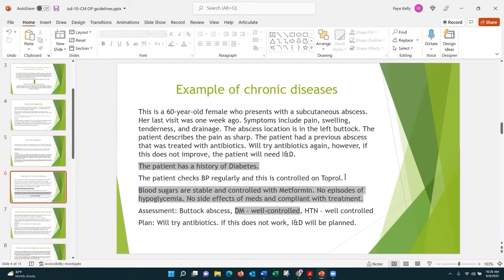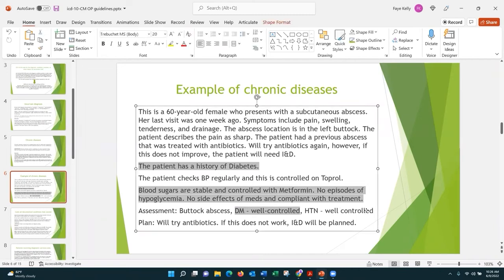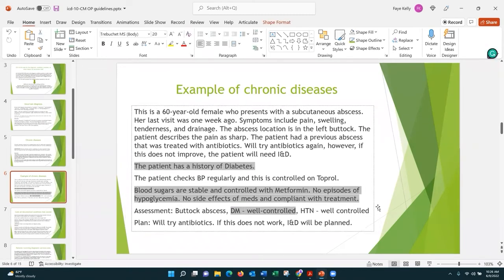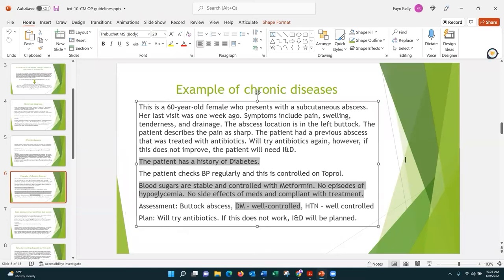Disregard this note right here. That's all it says, hypertension. And there's nothing here. Take that sentence out. And all you have in your chart is a history of hypertension. Patient is not on any medication. There's nothing being done. Would you code it? No. That's correct, because it's not being treated.